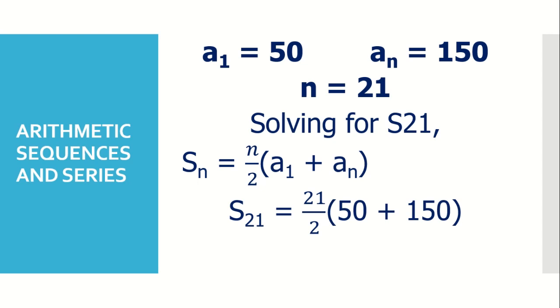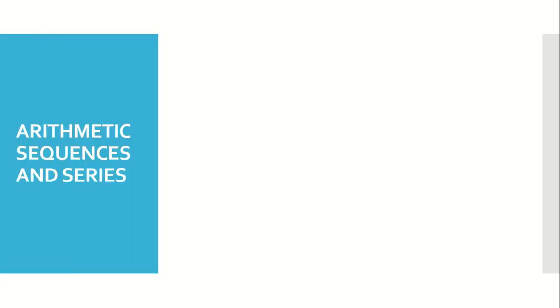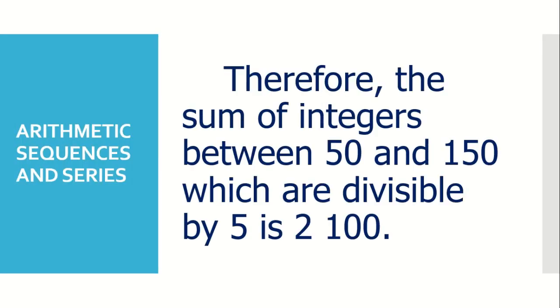So we have S sub 21 equal to 21 over 2 times 50 plus 150. Simplifying this, we get S sub 21 equal to 2,100. Therefore, the sum of integers between 50 and 150 which are divisible by 5 is 2,100.